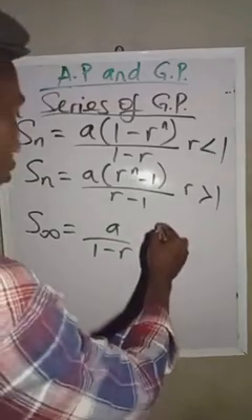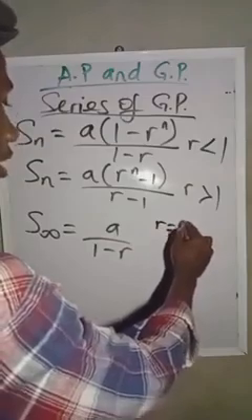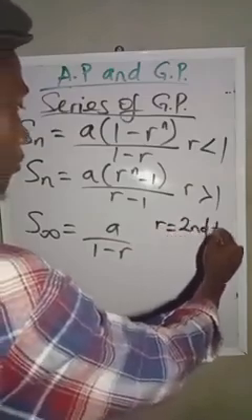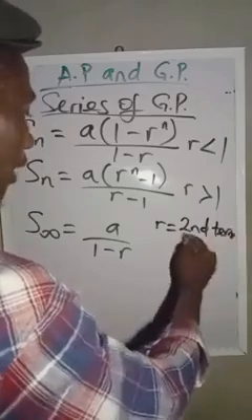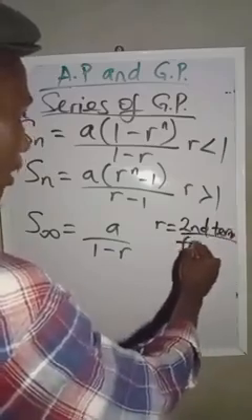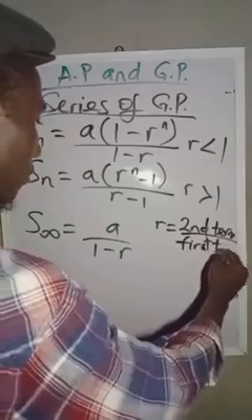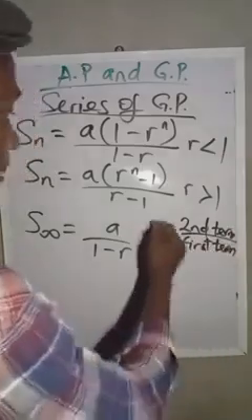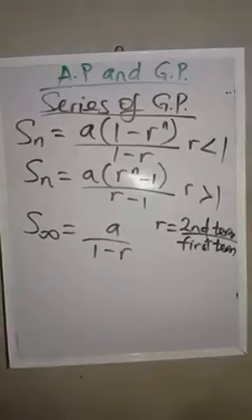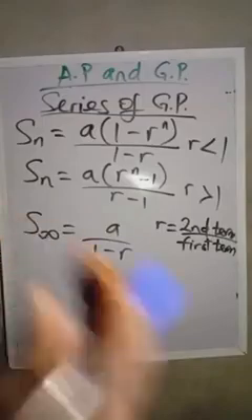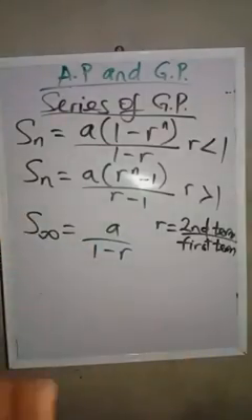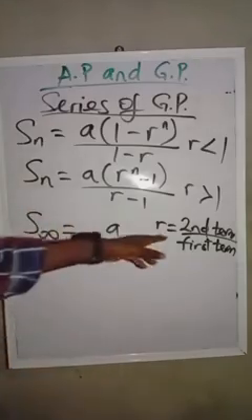Common ratio equals the second term divided by the first term, and it can be the third term divided by the second term. Just make sure that it is the higher term divided by the preceding term. So that's how to get your common ratio.